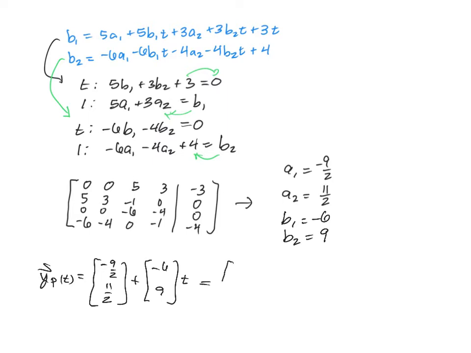And then as one single vector, that's negative 6t minus 9 halves and 9t plus 11 halves. And again, this could actually be taken back and substituted into our differential equation, y prime is equal to Ay plus our f, and it will make a true statement upon substitution in place of the y's.